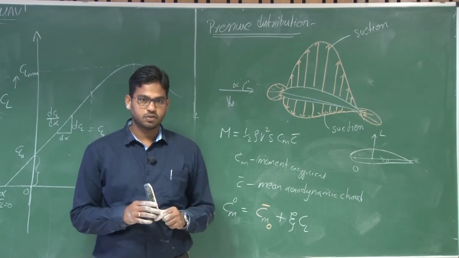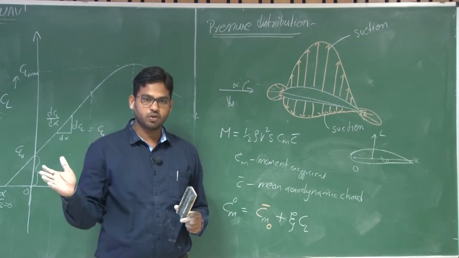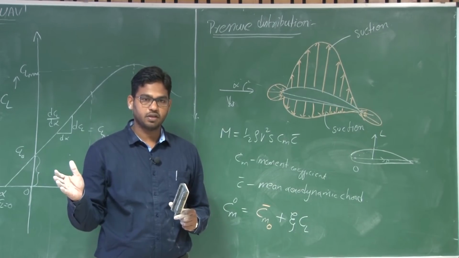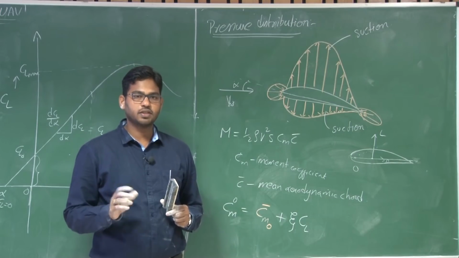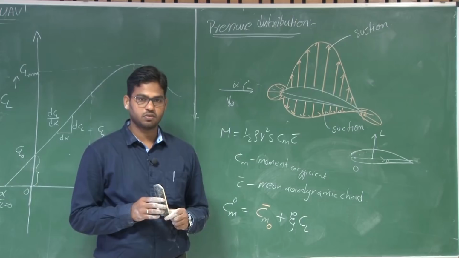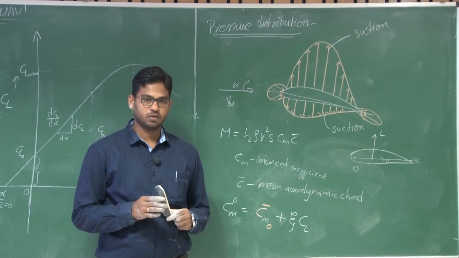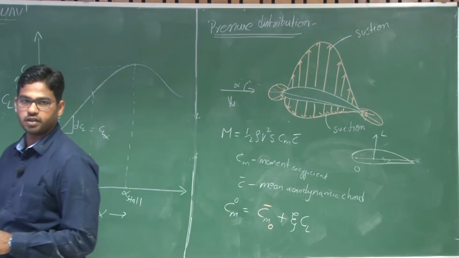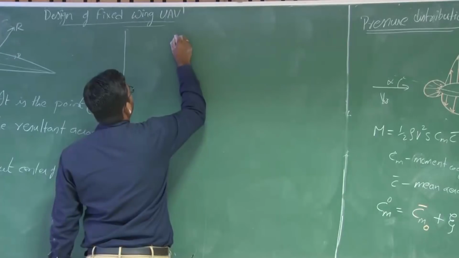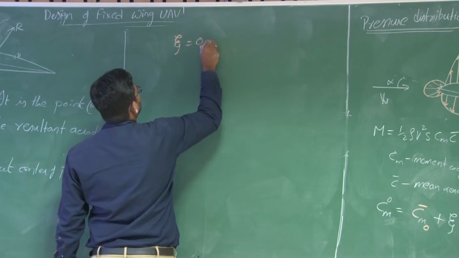Now zeta is varying from positive to negative, right? So there exists a point at which zeta is equal to 0. Do you accept this? That point is known as the aerodynamic center, when zeta is equal to 0, right?